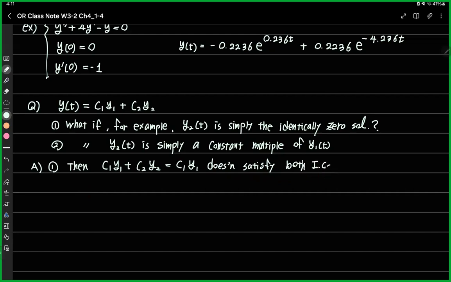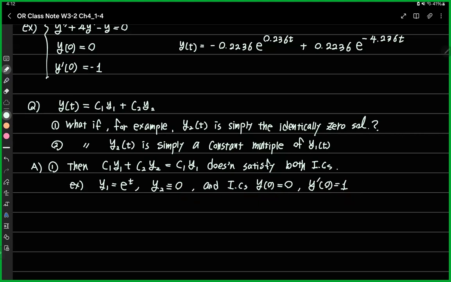I see. Okay, here's the example. Let's say y1 is e to the t, and y2 is 0. And the initial conditions: y of 0 is 0, and y prime of 0 is 1.